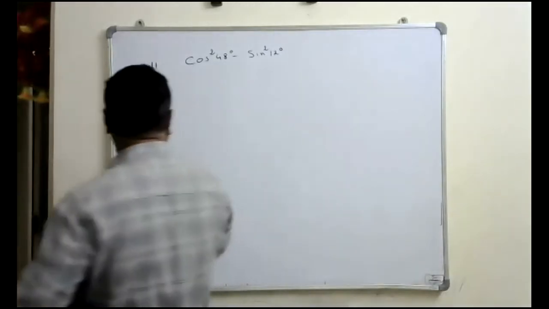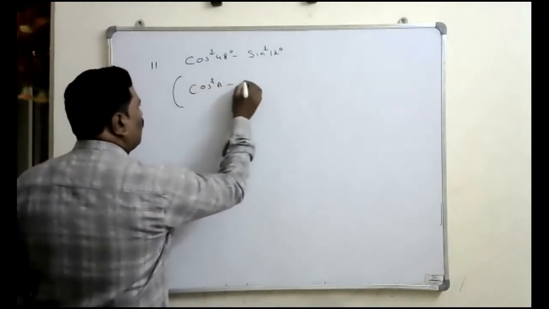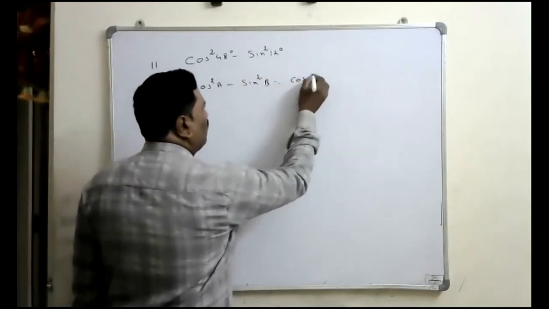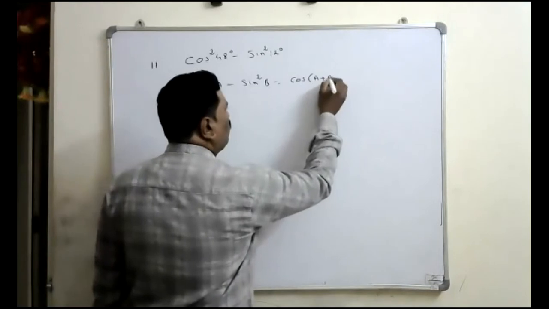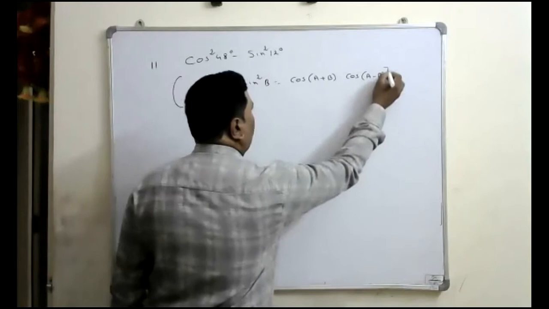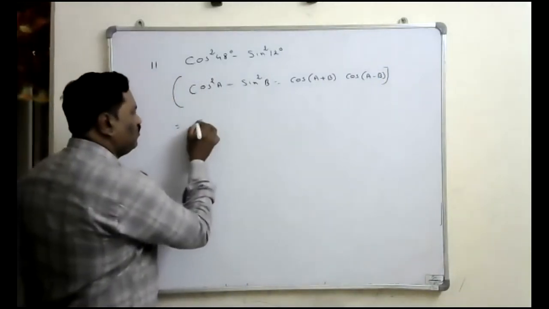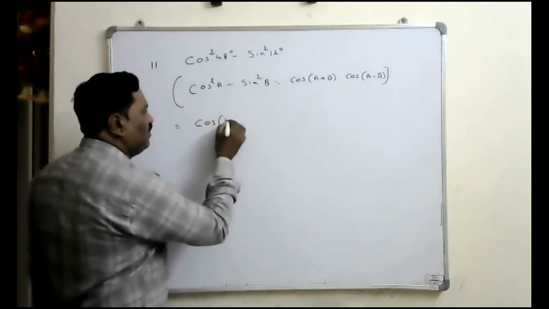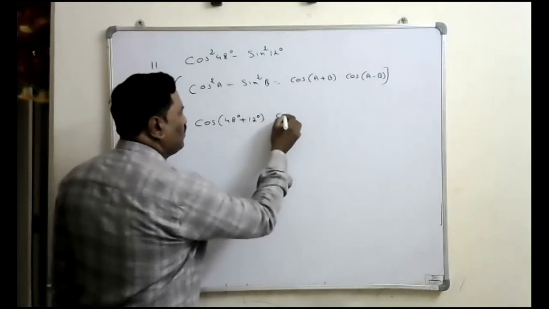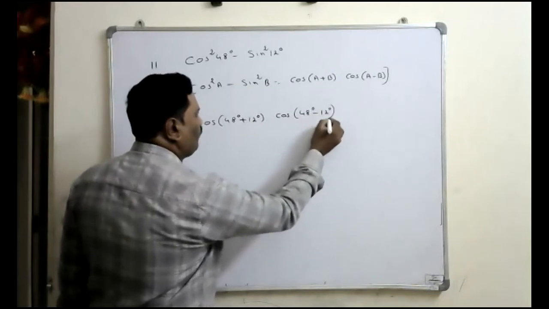So the formula is cos square a minus sin square b equals cos a plus b into cos a minus b. If you apply this formula, cos of a plus b, that is 48 degree plus 12 degree, into cos a minus b, that is 48 degree minus 12 degree.